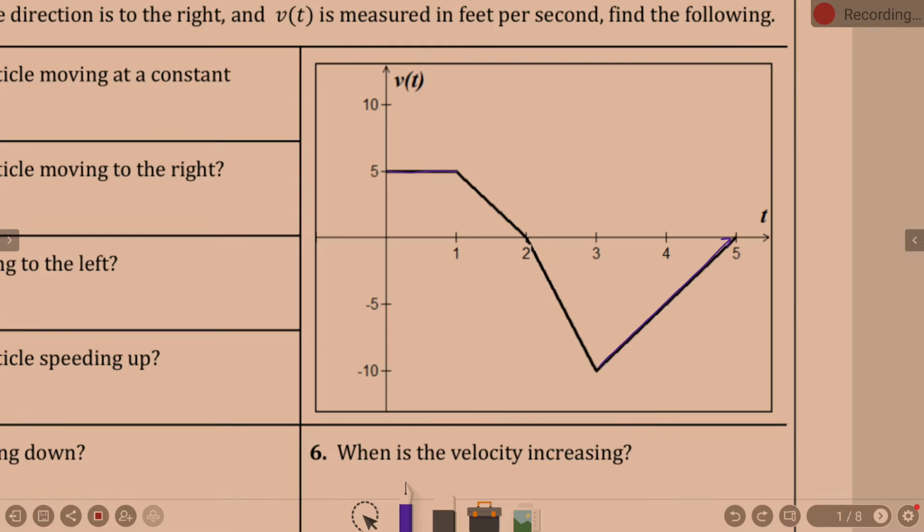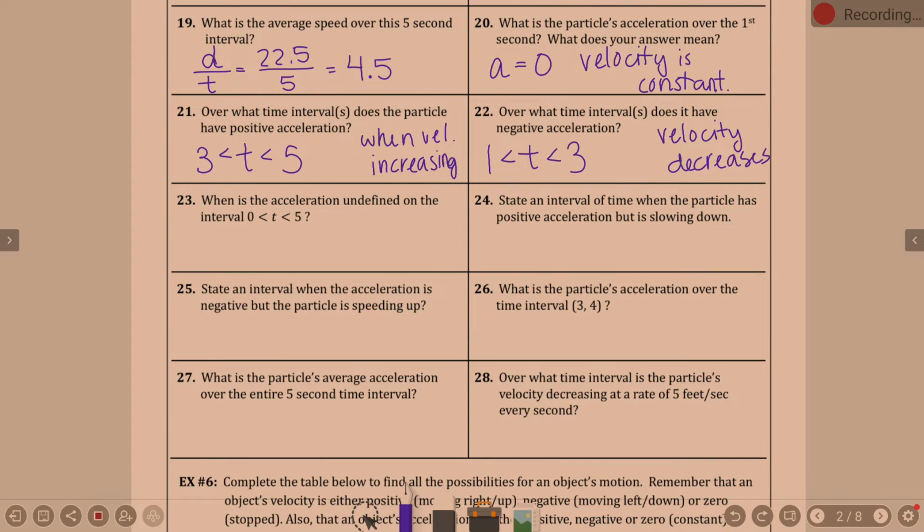Where else? 2. You're figuring out where I'm going with this, right? So we're going to talk about 1, 2, and 3 all being where acceleration is undefined, and that's because that's where the derivative does not exist, right? Acceleration is the derivative of velocity. We're not talking about 0 and 5 because the question didn't include 0 and 5, so it's just from right above 0 to right under 5.